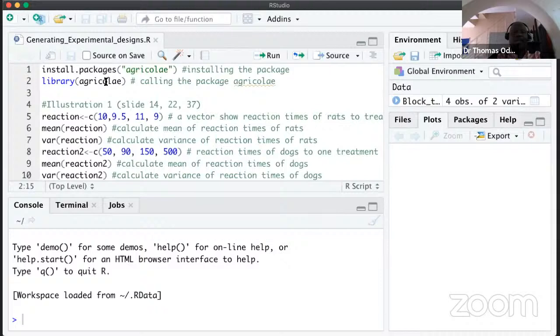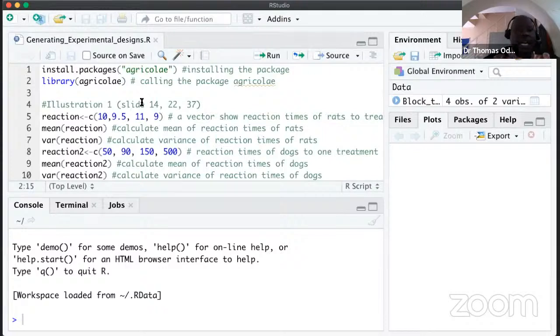Once you try to run a command that belongs to a particular package, R will tell you this package is not found or this function is not found. Then you know that you need to either install the package or load the package.